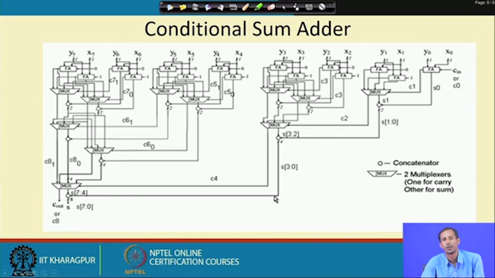Okay. So, in this manner we can compute this 16 bit or any bit. Here it is 8 bit. So, if I just want to make it 10 bit, for 10 bit also it will have 4 of these multiplexers. Okay. So, in this manner we have to design the corresponding conditional sum adder. Okay.